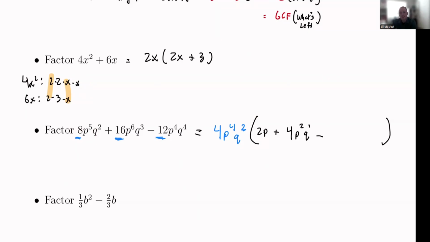Minus, what's going to be the number here? Well, I pulled out a 4 of the 12. What's remaining? A 3. I pulled 4 p's out, so there are no p's left. That's fine. And I have 4 q's there, but I pulled out 2, so I have q squared here. That could have been confusing for you.